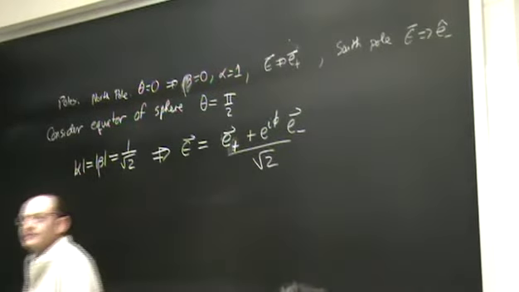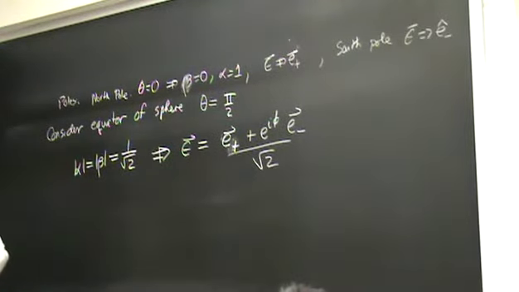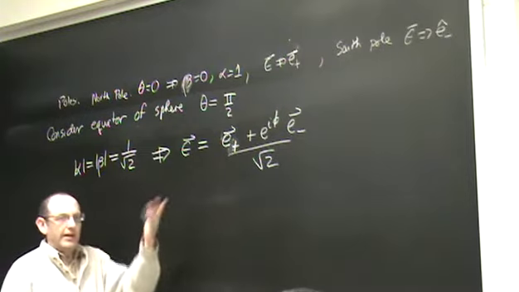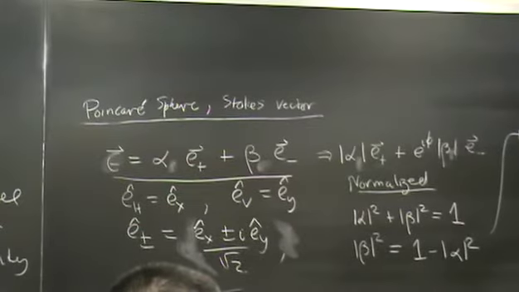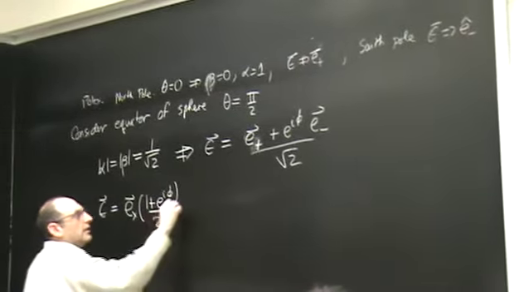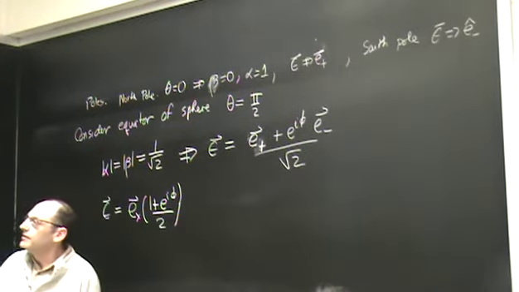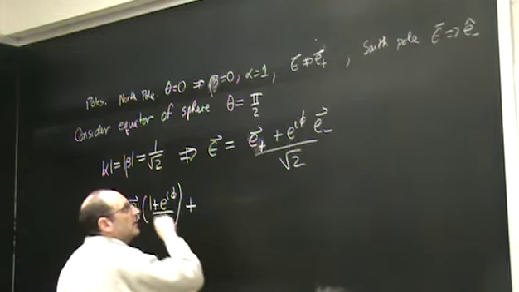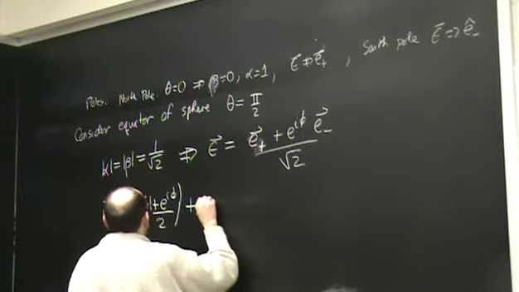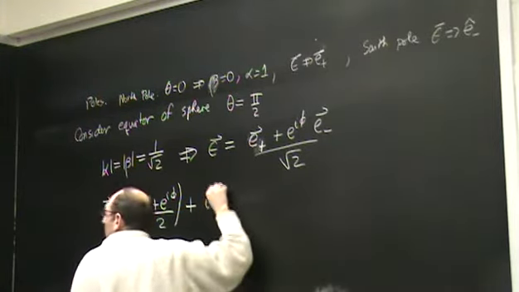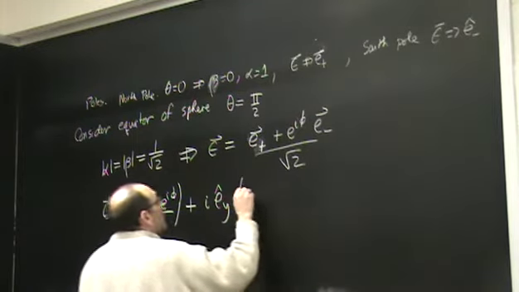Now let's go to the equator. In the equator, this is true. So that's not obvious what it is, but one way to look at it is the following. Let's plug in Ex and Ey for E plus and E minus. Okay? So we got Ex times 1 plus e to the i phi over 2, and then E minus is equal to that, so I get plus i Ey times 1 minus.